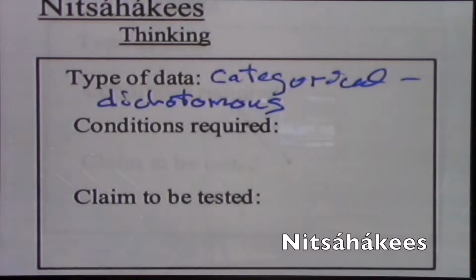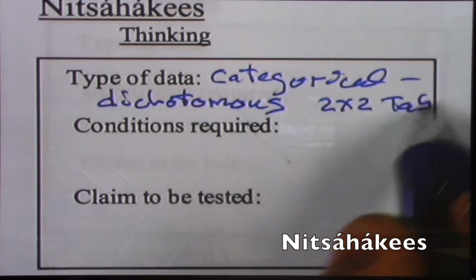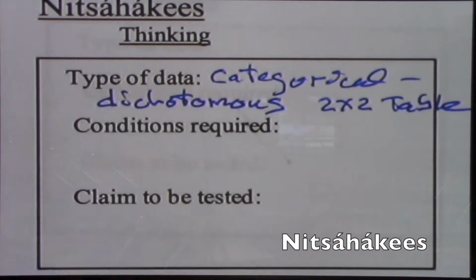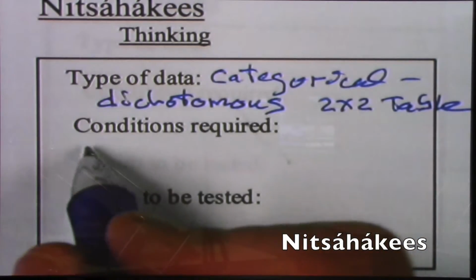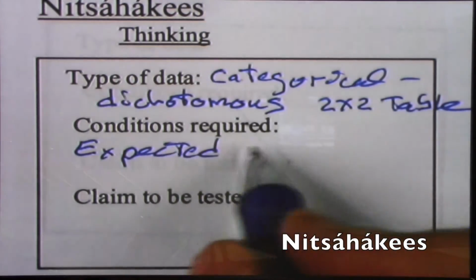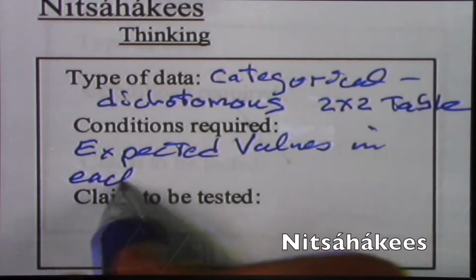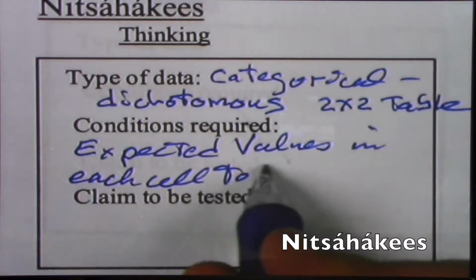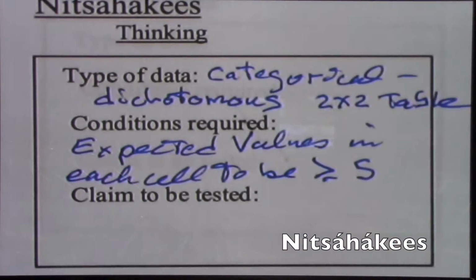Okay, so with this kind of categorical data, we're going to be putting it into a 2x2 table. And when you're putting it in a two-way table, the condition that is required is that the expected values in each cell have to be greater than or equal to 5. And the claim to be tested.